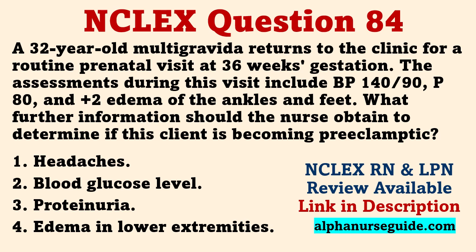The edema is within normal limits for someone at this gestational age, particularly because it is in the lower extremities. The preeclamptic client will have significant edema in the face and hands. Headaches are significant in pregnancy-induced hypertension, but may have other etiologies. The client's blood glucose level has no bearing on a preeclampsia diagnosis.